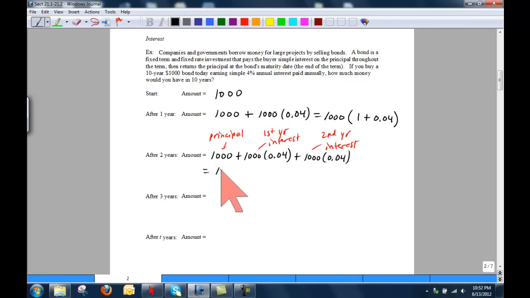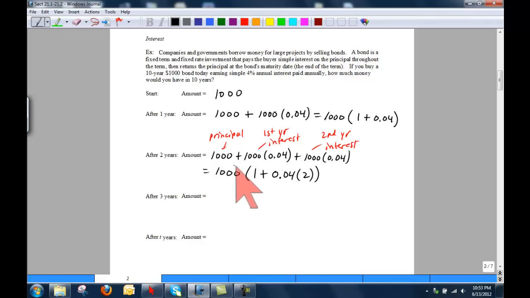I can pull 1,000 out of each term again, and that leaves 1 plus, and then there's going to be a 0.04 here, plus another 0.04 coming from the third term. So there are 2 copies of a 0.04, and let me write that then as 0.04 times 2.